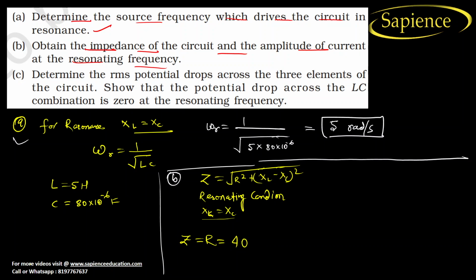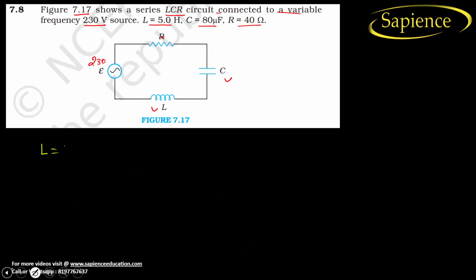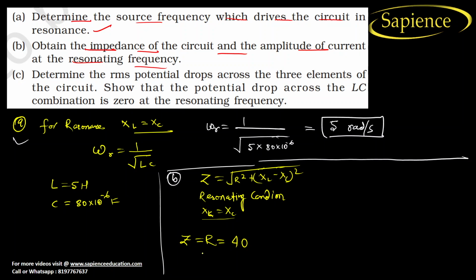They have provided the resistance as 40, so we have got impedance Z equal to 40. So this is the first part of the answer.